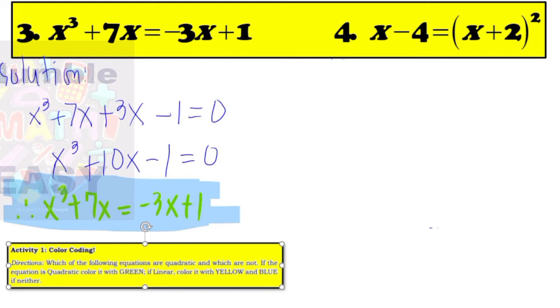The solution now: we have the given x minus 4 is equal to quantity x plus 2 quantity squared. So let us recall how we deal with this kind of problem.